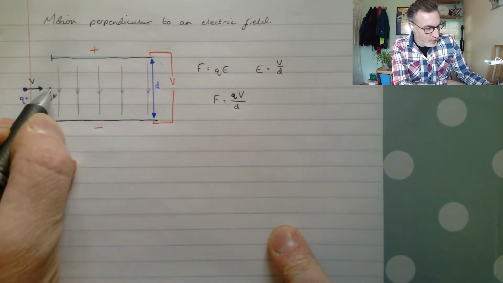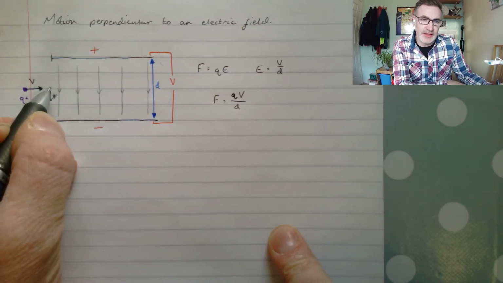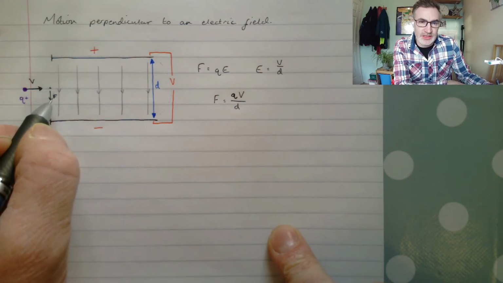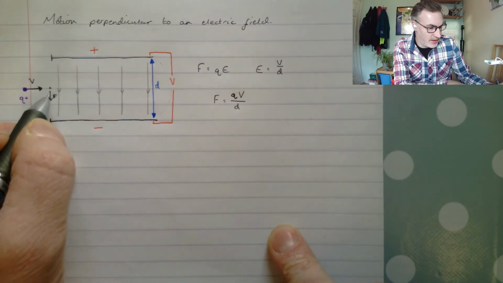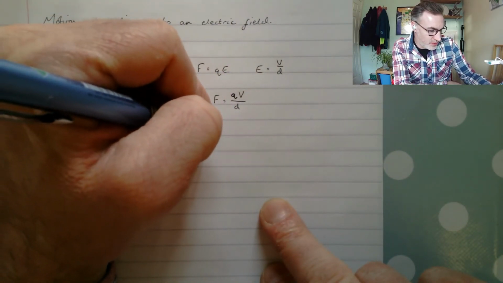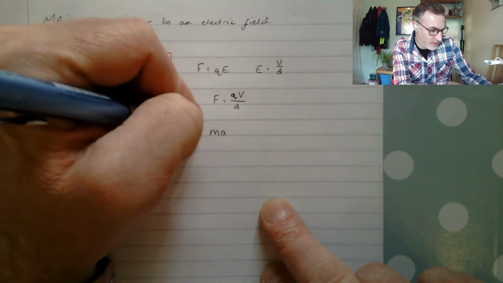Now this particle, when it enters the electric field, is going to experience a downwards force, and so it's going to start to accelerate in the direction of that force, and that acceleration will obey Newton's second law.